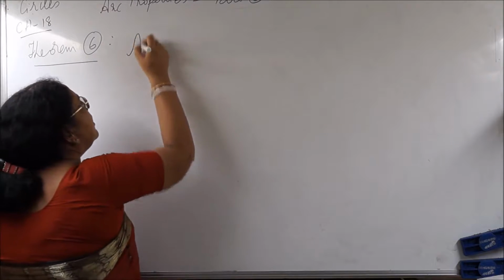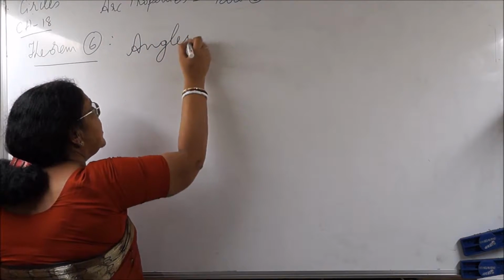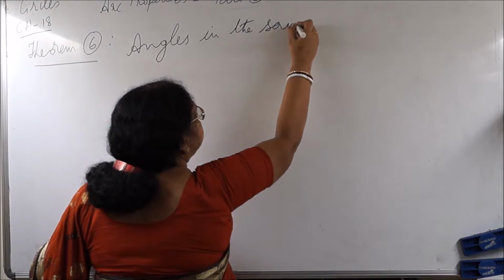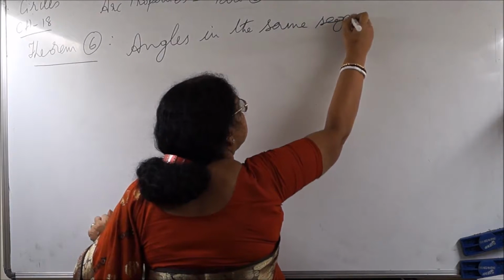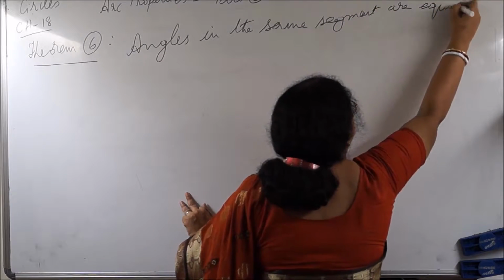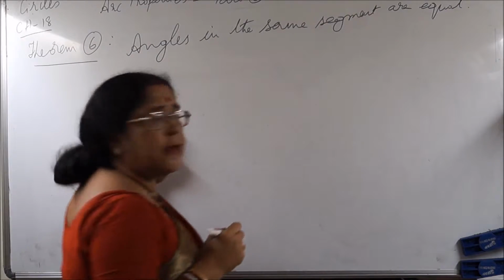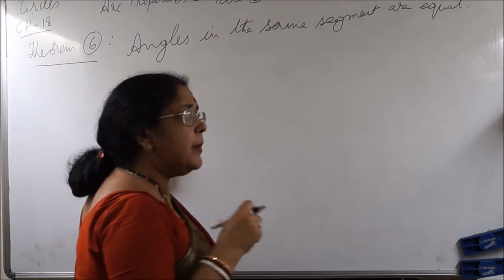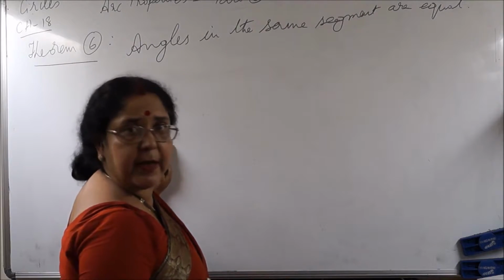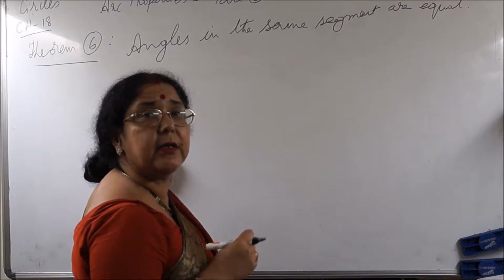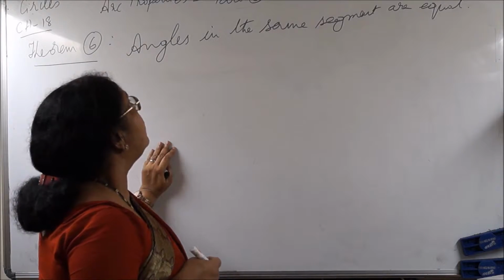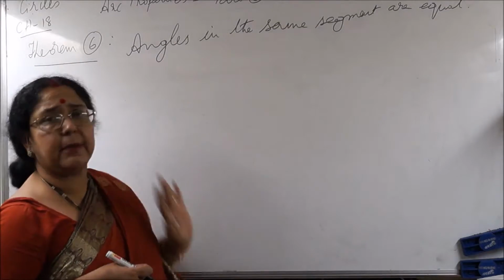Now this theorem states that angles in the same segment are equal. Under arc properties, the first one that we learnt is the angle subtended by an arc at the center is double the angle subtended by it in the remaining part of the circle, which is a very important, very often used theorem. Now we will be doing angles in the same segment are equal.